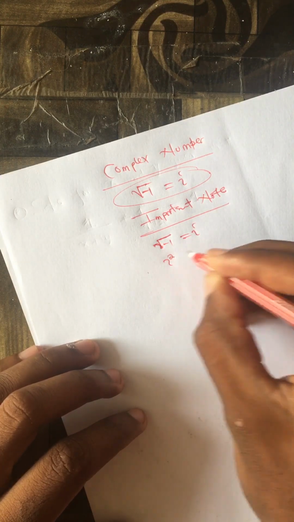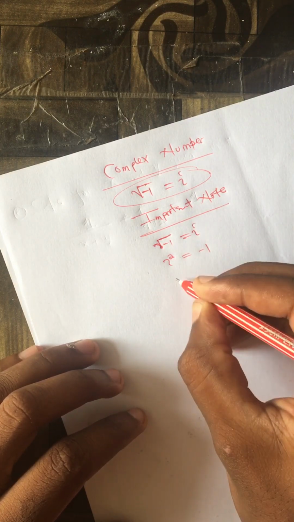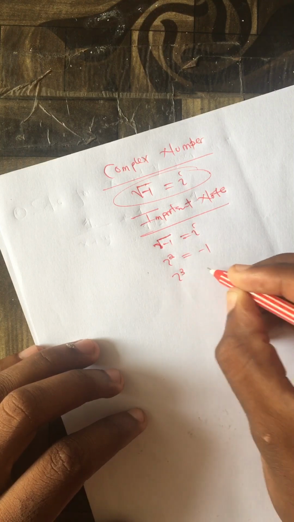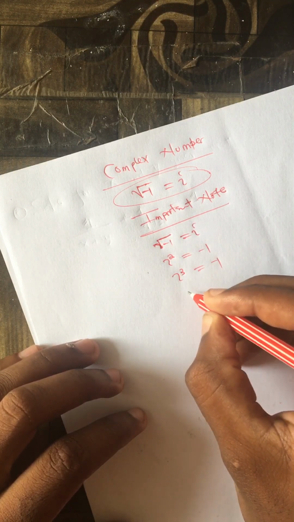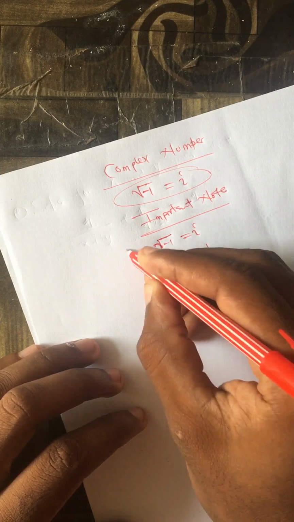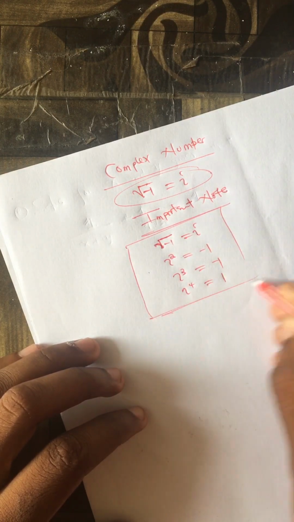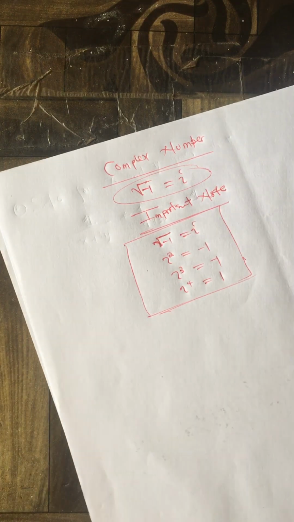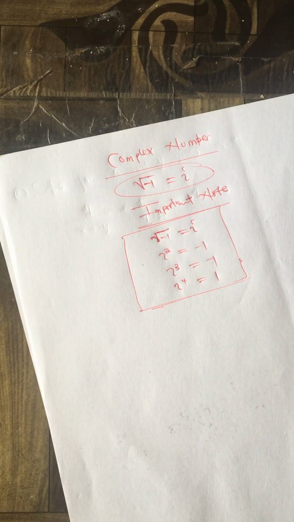Then you know i squared is -1, then i cubed is -i, then i to the power 4 is 1. So at least these are important to you guys.